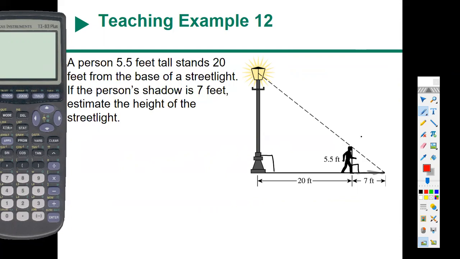So if I create a right triangle here, this one is 5.5 feet of the person over 7 feet, then if I want to find the lamppost, it would be X over, and how far away from the lamppost is it? Not 20, but 27. And how do you solve that? Butterfly, you cross multiply and divide.